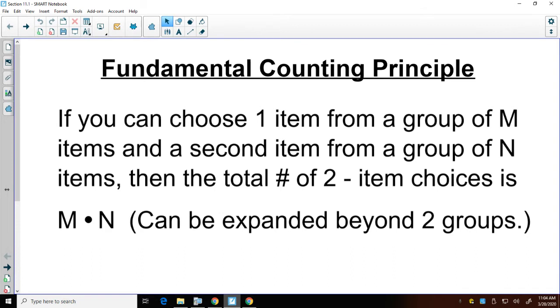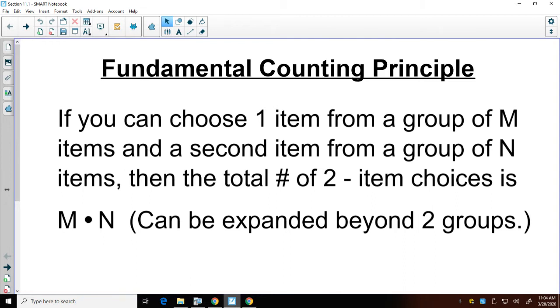And then you can say, oh, I've got to choose my earrings. So right there, I've got 6 different groups. Right there, 6 groups. I take the amount of items I have in each one and multiply those together. I get how many different outfit choices I have in the morning.